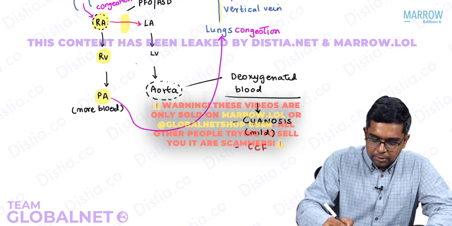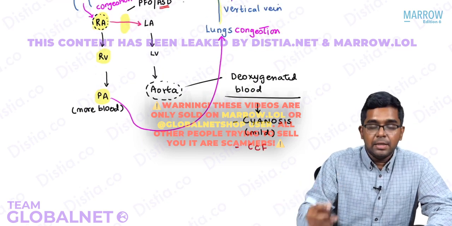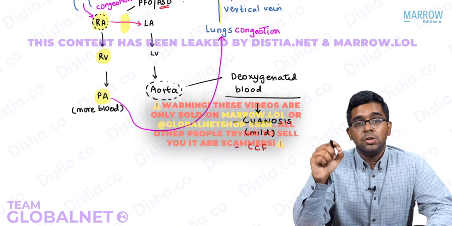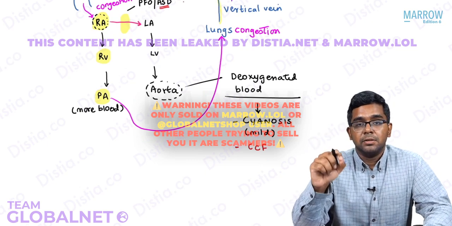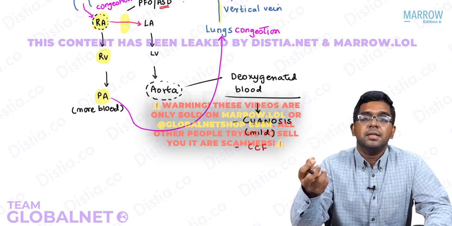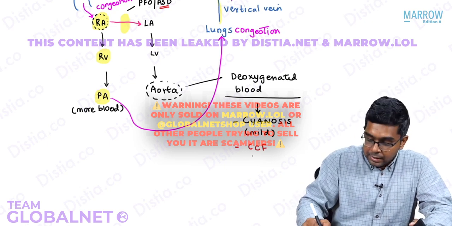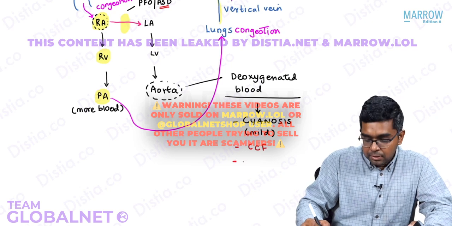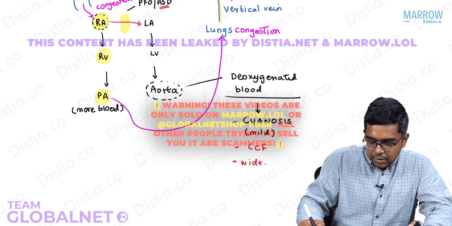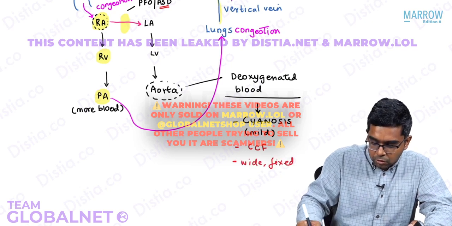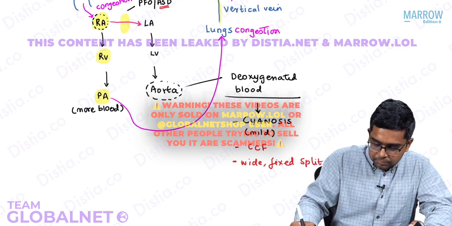The third point, I told you these patients majorly have ASD as an associated defect. So when you start examining these patients, you will have features of atrial septal defect. What is that? I've already told you this in the previous module. Yes, the feature of ASD will be wide fixed splitting of the second heart sound.